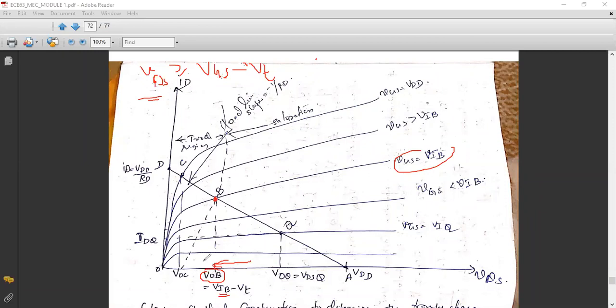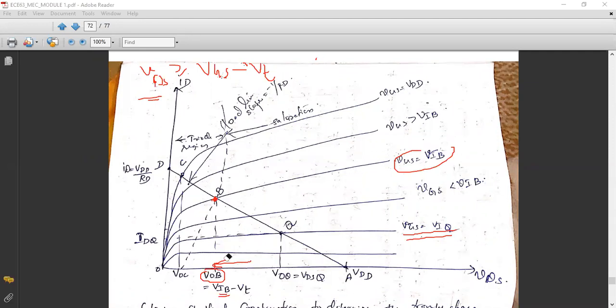Okay. Now, considering this point, that is VGS is equal to VIQ. Okay, so this is the point B, which I have fixed on this particular curve, where our DC load line is coinciding on this curve.